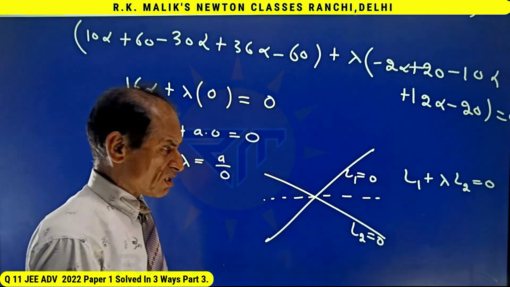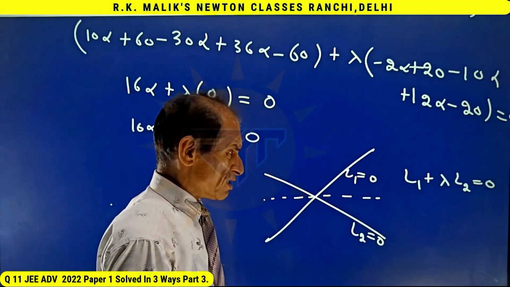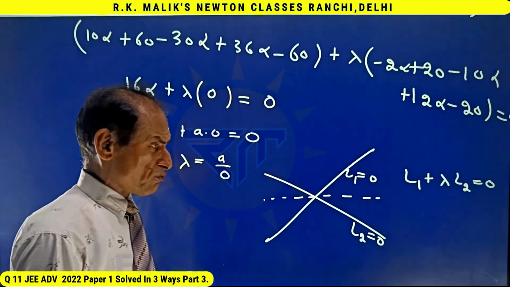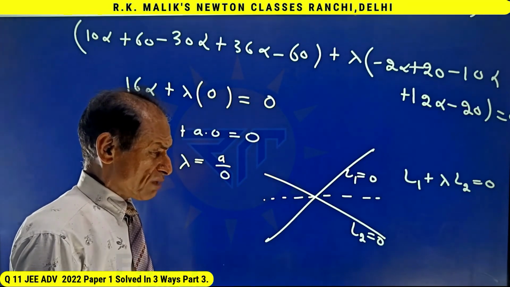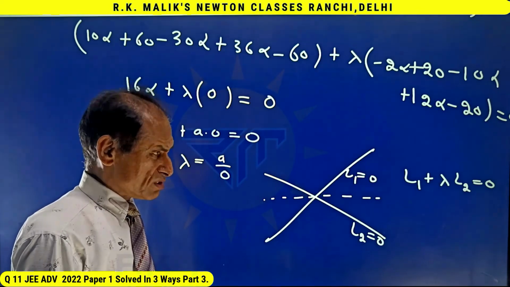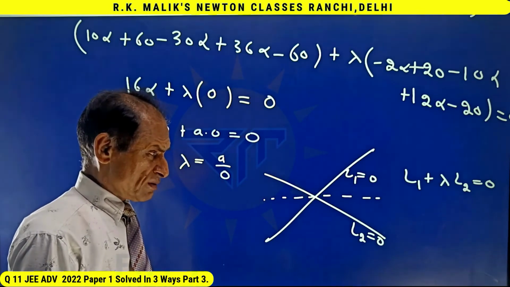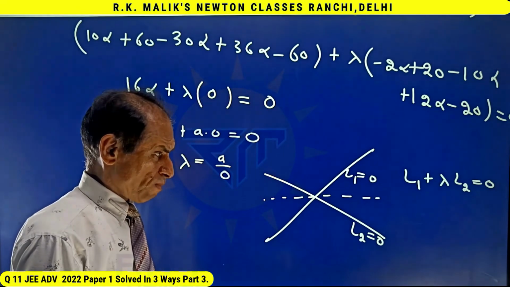Otherwise, it is not difficult to see also if you have already done the practice of questions of straight line of coordinate geometry for JEE at least mains level. In board level, this type of situations doesn't happen, but in JEE level, this type of situations can come.